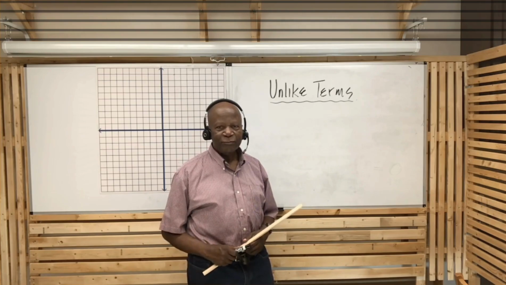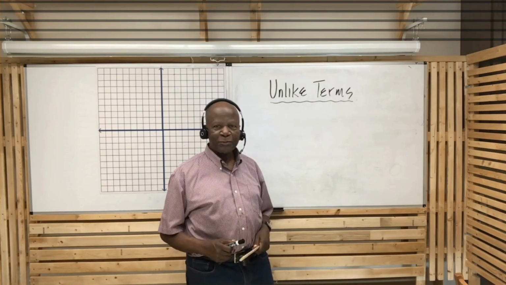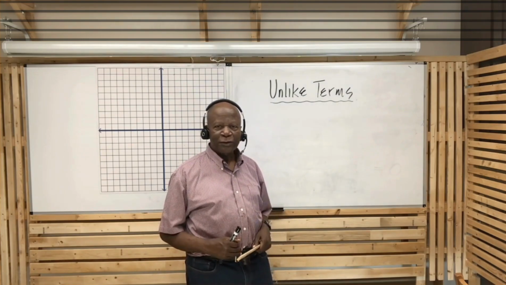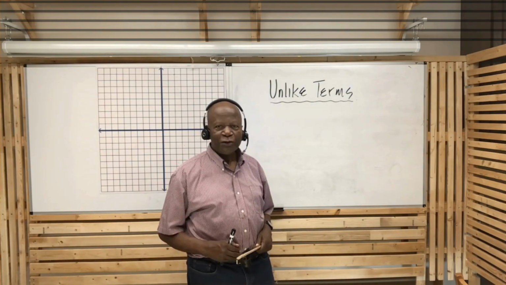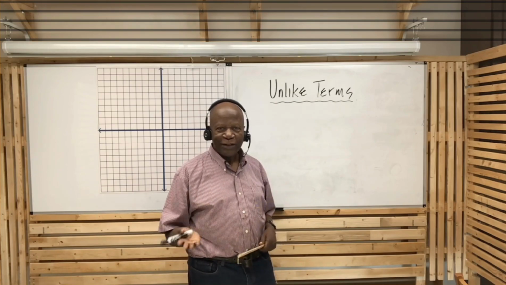In this lesson, we're going to talk about unlike terms. In other words, unlike algebraic terms. As simple as it sounds, what it means is just the opposite of like terms.